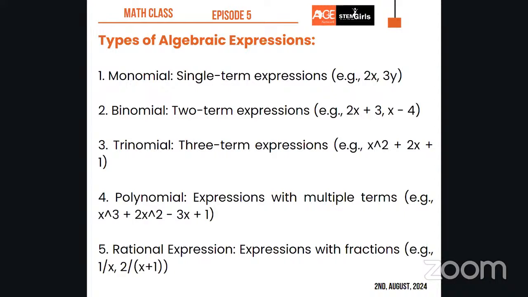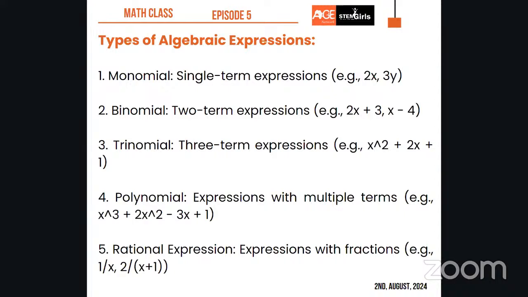Polynomials are expressions with multiple terms, 4 and above. So 4, 5, 6, 7, 8, 9, 10. If you have 4 and above terms coming together to form an algebraic expression, we call them polynomial expressions.